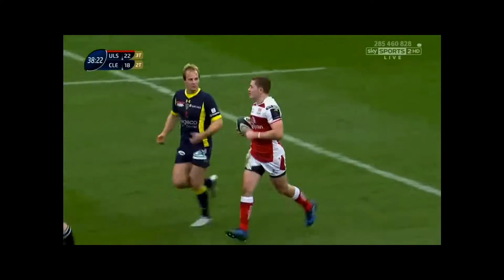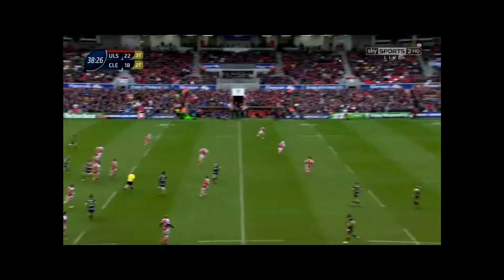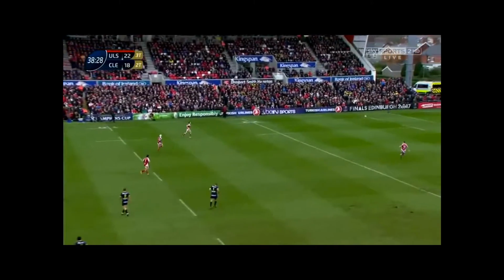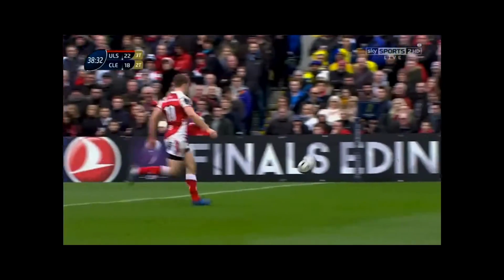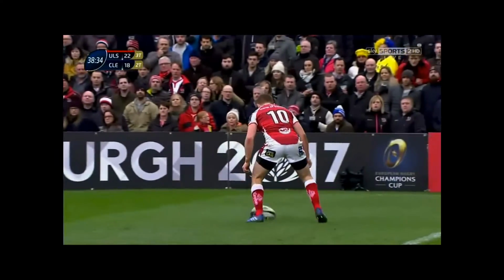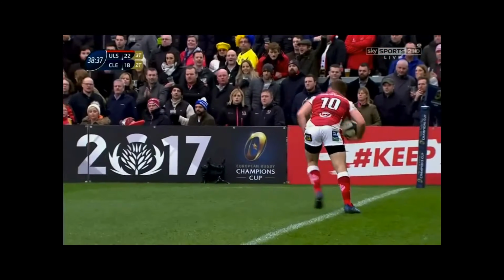So whereas it used to be that blue made it dead and the scrum option was available, in this case now the red team is the one who's played the ball prior to it crossing the dead ball line. Therefore, they are the ones who have made it dead, and the only option here is a 22-meter dropout for red. It's still a 22 drop as blue kicked it into the in-goal, but red is the team that made it dead.